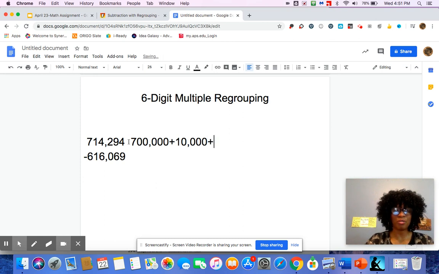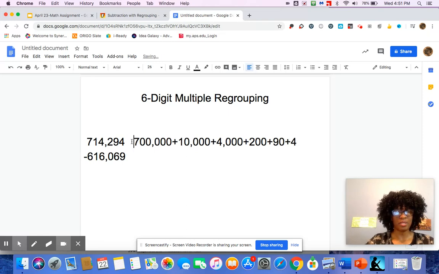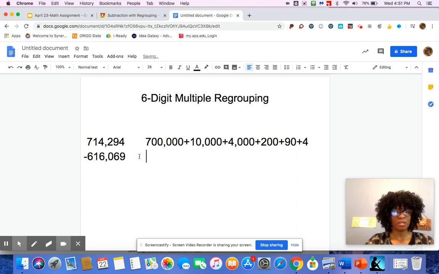Then our 4,000. Then our 200, our 90, and our 4. I can probably scoot that over a little bit, to give us a little space. Down here, we have our 600,000. Going to add that to our 10,000 again. Add that to our 6,000.